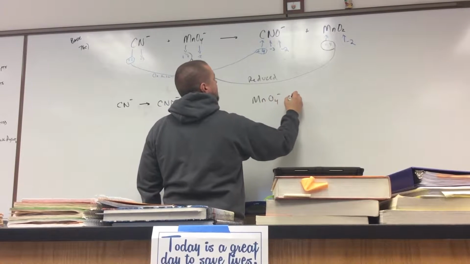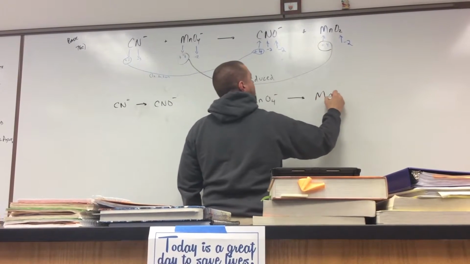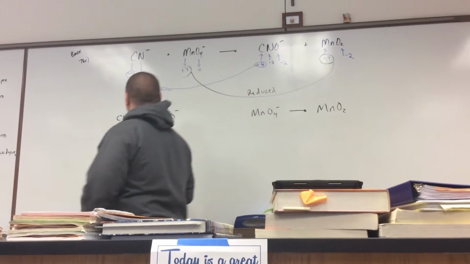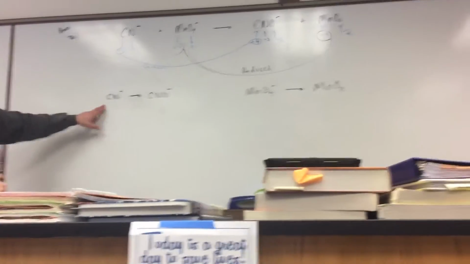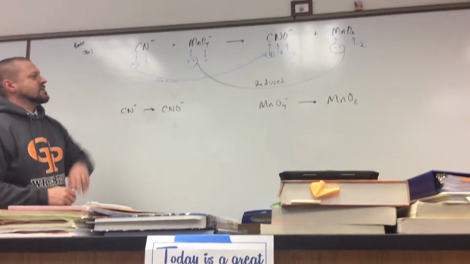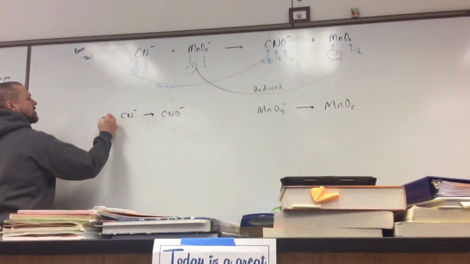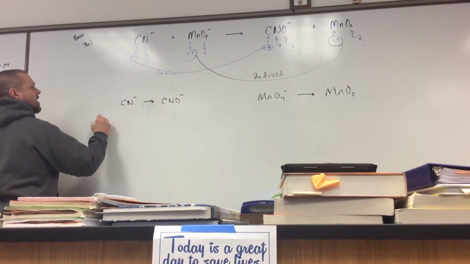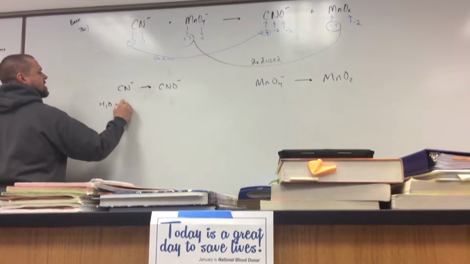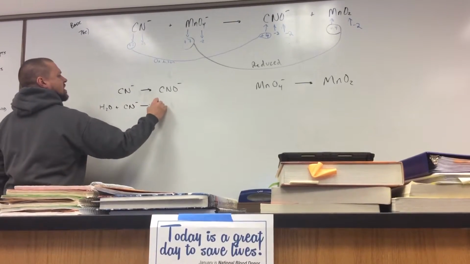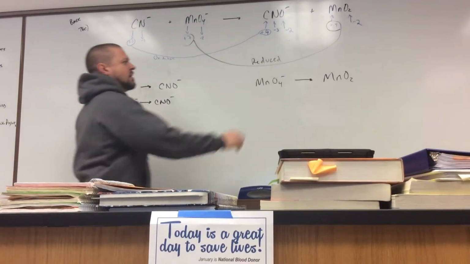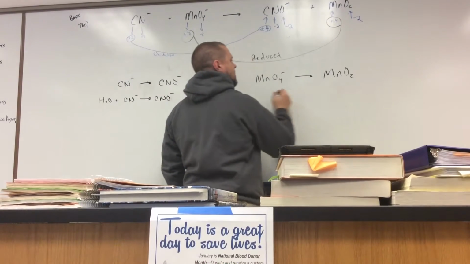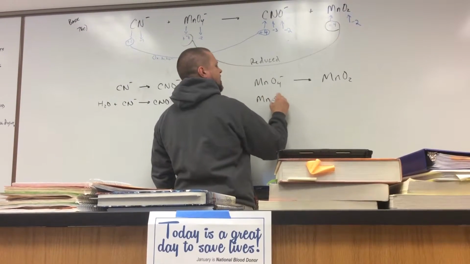MnO4 minus yielding MnO2. Atoms other than hydrogen and oxygen, C's and N's are good, Mn's are good. Oxygen using water, so I'm going to have H2O plus CN minus yields CNO minus. Here I've got 4 and 2, so I'm going to bring in 2 more on the product side.